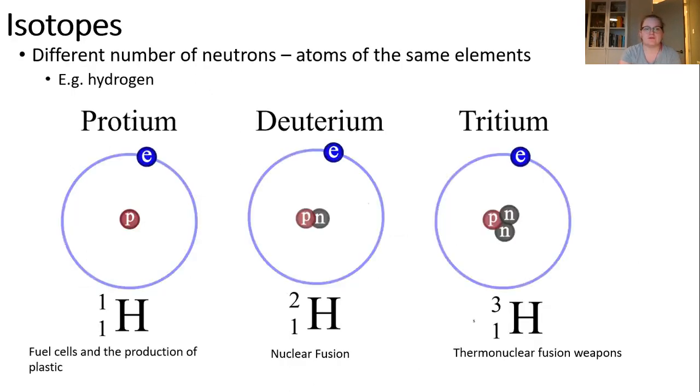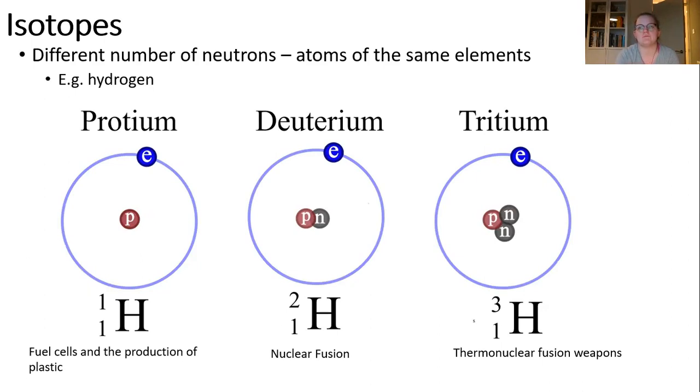So isotopes, leading us on very nicely. We've done quite a bit on isotopes. Isotopes, as we know, have a different number of neutrons for atoms of the same element. Here we're going to look at one in a bit more detail. We're going to look at hydrogen, because once isotopes were discovered in chemistry through the mass spec, they've actually been used a lot in physics.